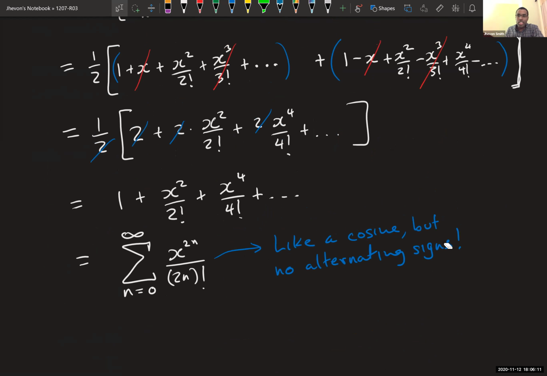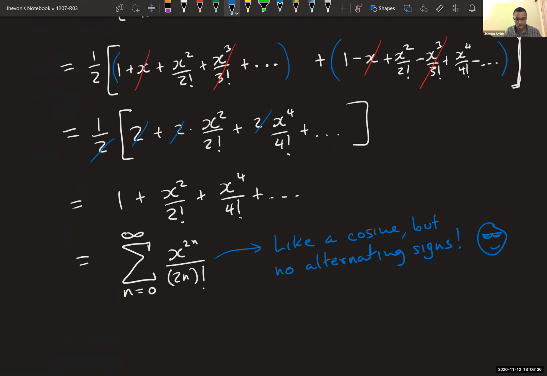So not only is there this kind of connection between the trig identities and these hyperbolic trig functions, but when you look at the actual series expansions of the hyperbolic trig functions and compare them to the series expansions of the trig functions, you'll see a lot of similarities there as well. So it's pretty cool.